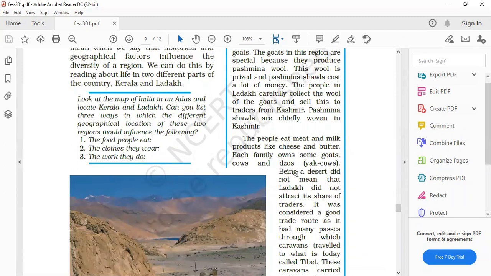Underline this very carefully, that is, being a desert did not mean that Ladakh did not attract its share of traders. Why do you think so? Justify your answer.